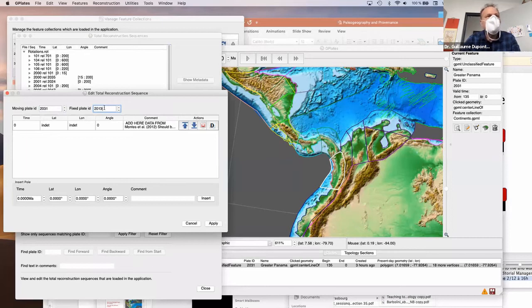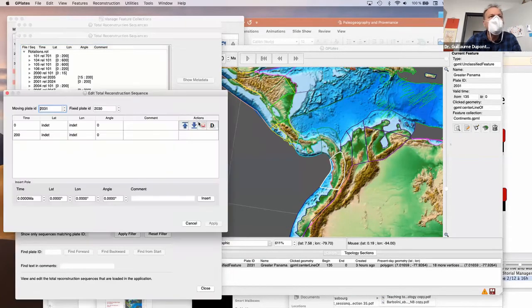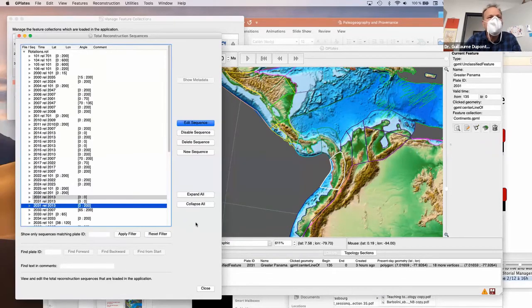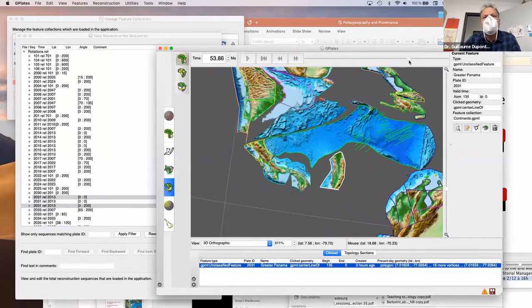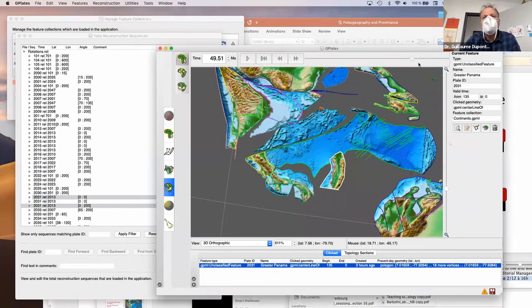Check. Apply. And here, the same. Okay. And so now it should, yeah, okay. So now it's connected. Actually, it's connected to this block here.